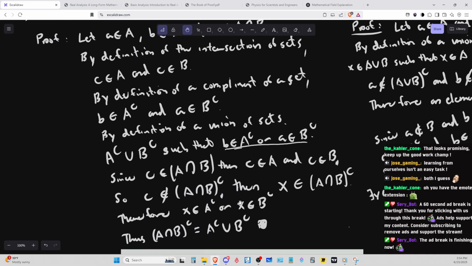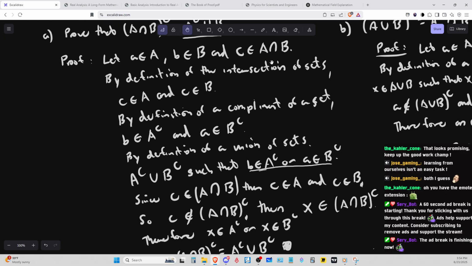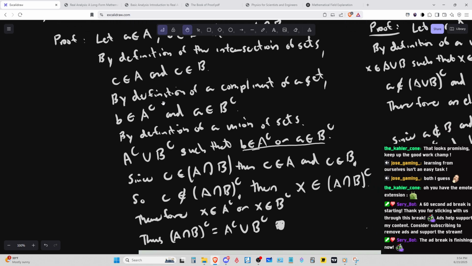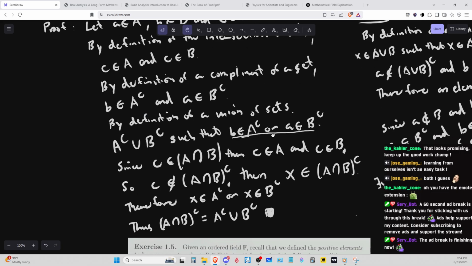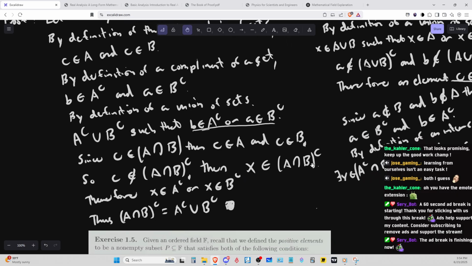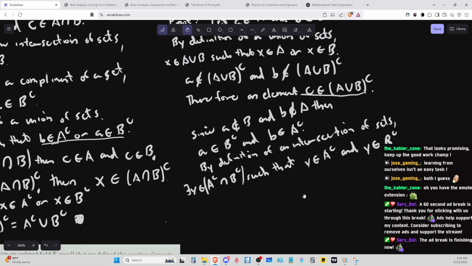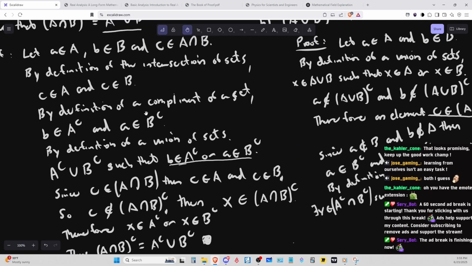I think this one we basically proved by letting this be C, and since C is an element... It feels like we did almost a similar structure to the first one.